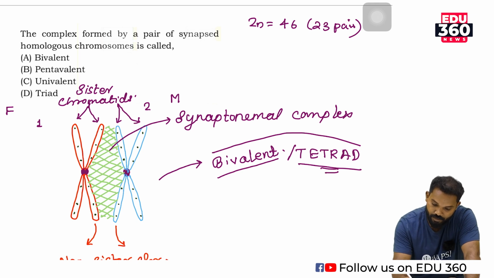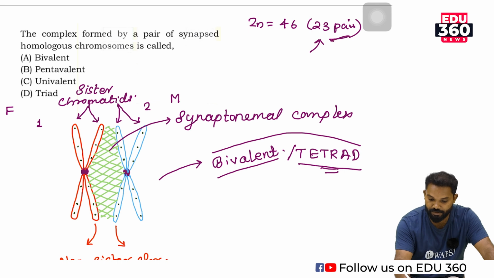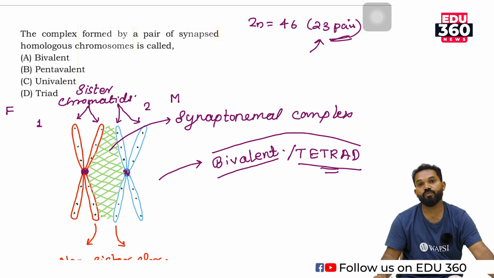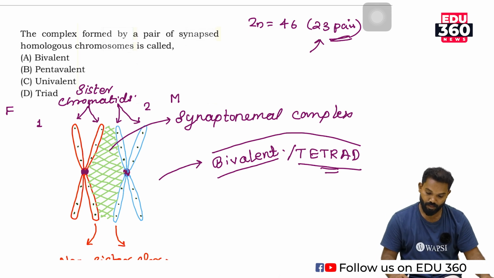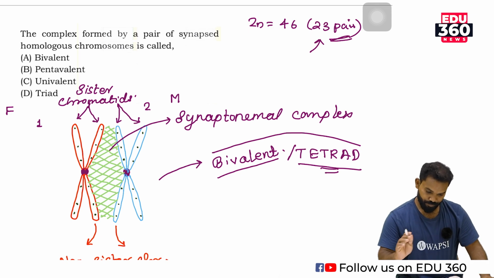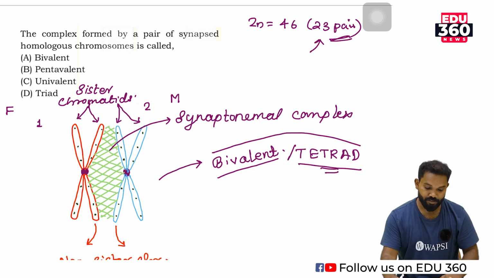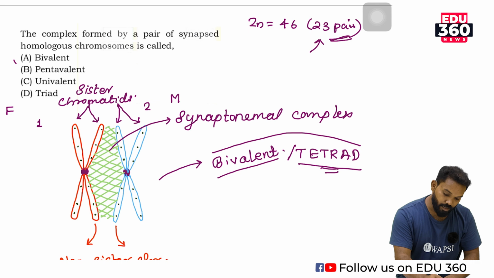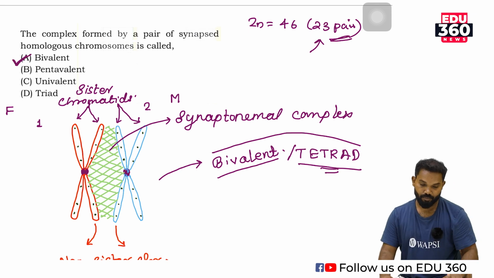After synapsis, it becomes 23 pairs. Each pair is said to be bivalent. So, 23 bivalents are present. The complex formed by a pair of synapsed homologous chromosomes is called bivalent. The answer is bivalent, option A. Clear?